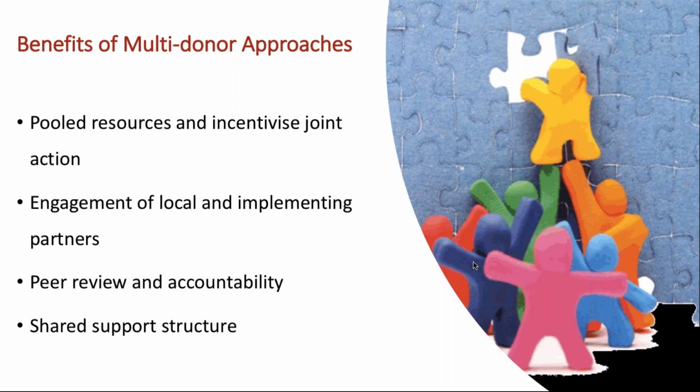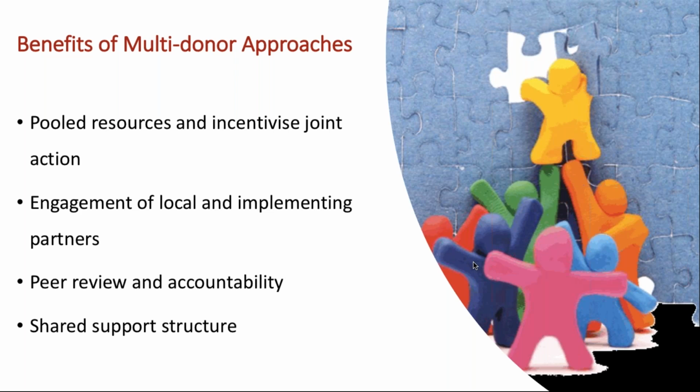Secondly, more coherent and consistent engagement of local and implementing partners in conflict sensitivity is one of the benefits of multi-donor approaches. Thirdly, there's the use of peer review processes or mechanisms to support accountability, both upwards, downwards, but also lateral accountability, for the donors themselves to hold each other accountable for their conflict sensitive practices.